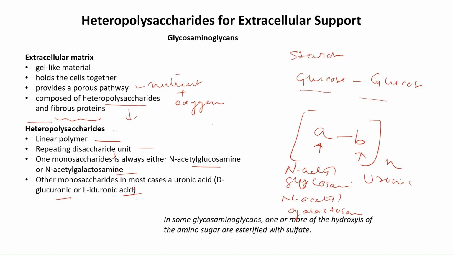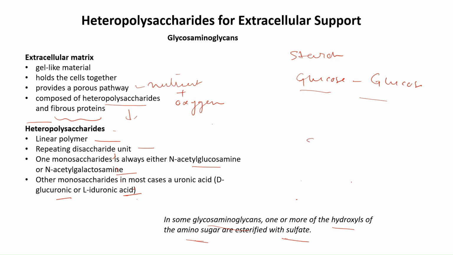Now, in some glycosaminoglycans, the hydroxyl groups of amino sugars are esterified with sulfate. That means in some glycosaminoglycans, the OH group is replaced with sulfate. Because of the presence of sulfate, which is negative charge, and carboxylate, which is also negative charge, these glycosaminoglycans have a very high density of negative charge.